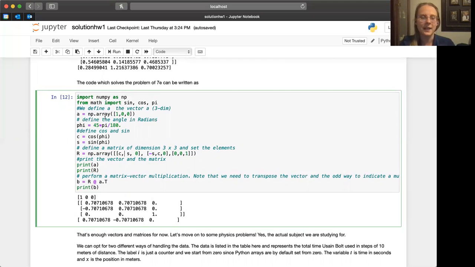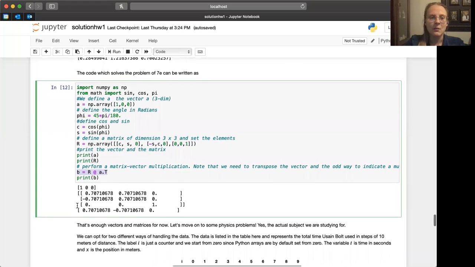So now that we've defined A and we've defined R, we can do the matrix multiplication here and see that this is in fact a rotation by 45 degrees around the z-axis. So that's all we wanted to cover with vectors and matrices. If you still have questions, please feel free to ask us because you'll be using these a lot. And it's good to get any kinks worked out early in the class.